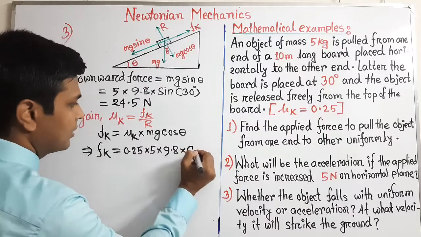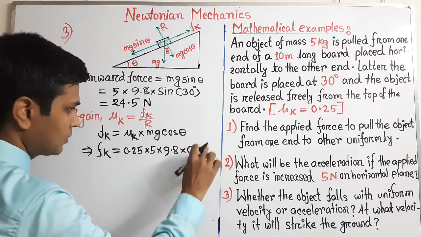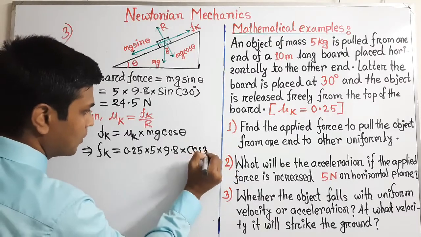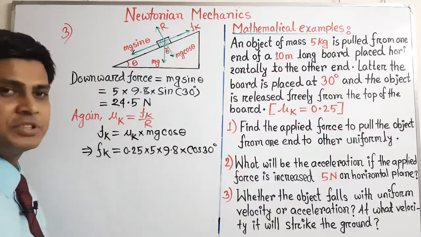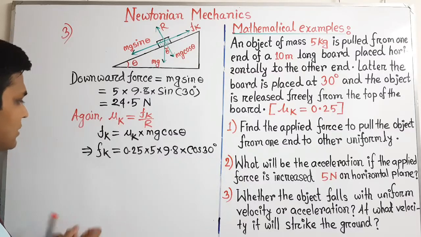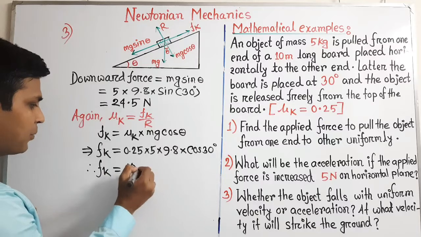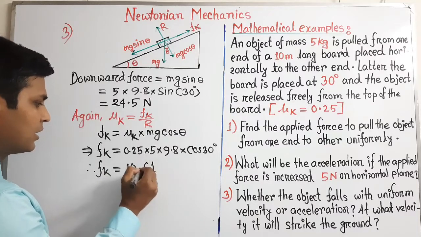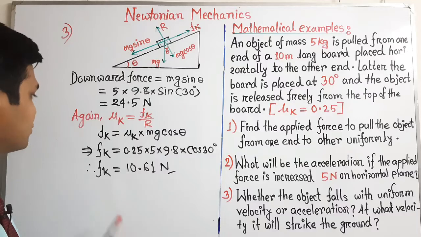So we can write cos 30 degree, and after calculating this expression we will get the frictional force, Fk, is 10.61 Newton.